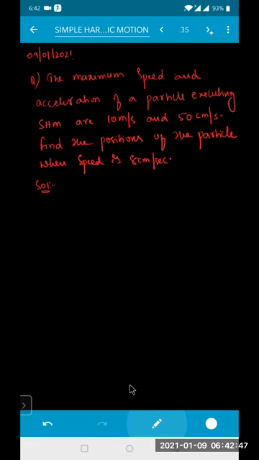So I'll take this one as 10 centimeters as well. The maximum speed and acceleration of the particle executing SHM are 10 centimeters per second and 50 centimeters per second squared.